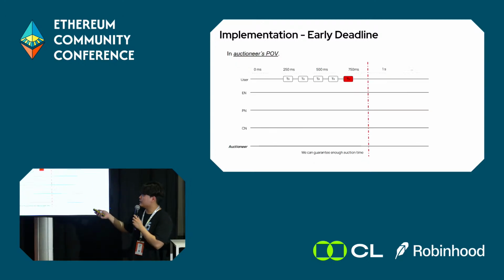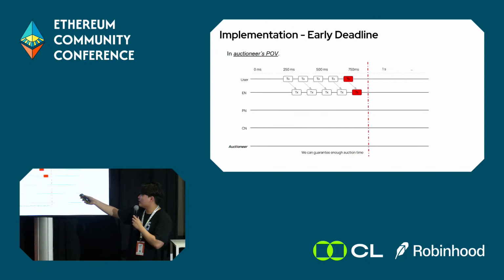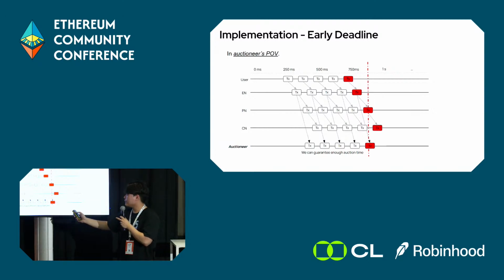From the auctioneer's point of view, there is a series of transactions on the user side, and they will be broadcast to the network, like the EN, which is just an RPC client, and they will send it to another peer node and the auctioneer, and finally arrive at the CN.